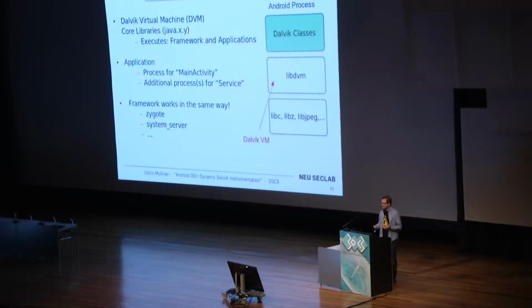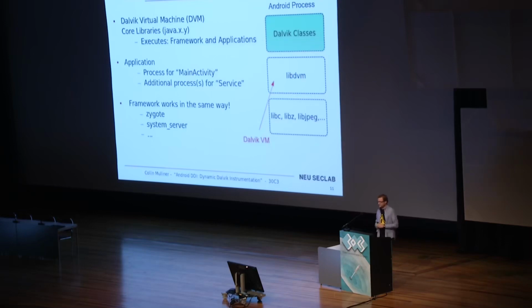So how does the Android runtime actually work, and what does an Android process look like? Of course, you have the virtual machine and the core libraries. Every application or any system process that executes Dalvik code looks like this. You have a process that links to the standard libraries, libc, libz, libjpeg, and so on, and of course libdvm.